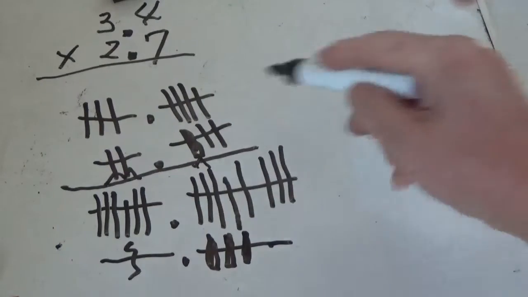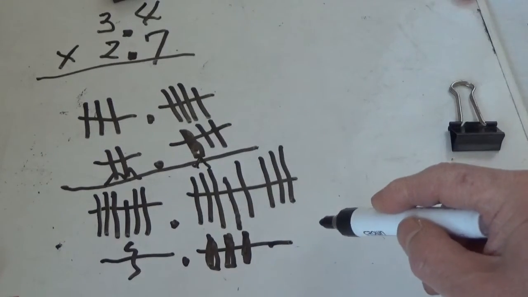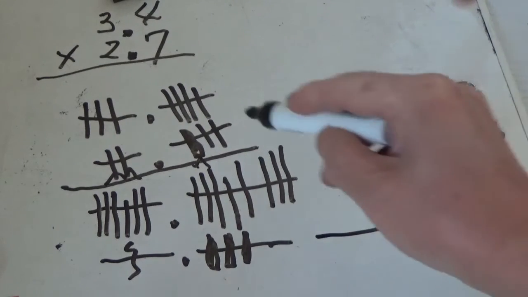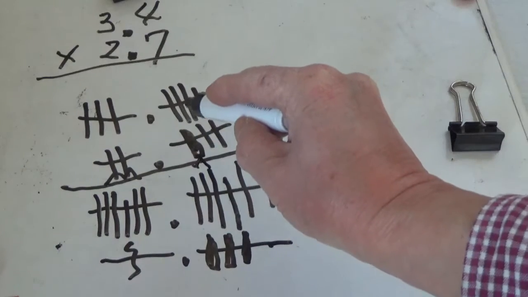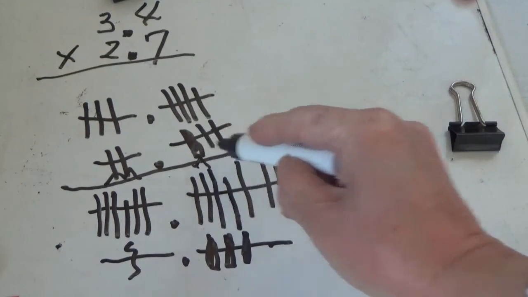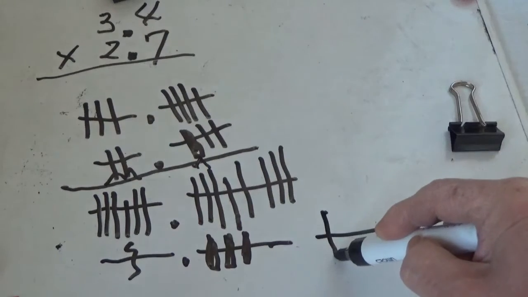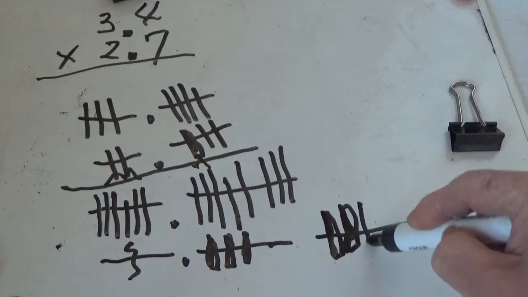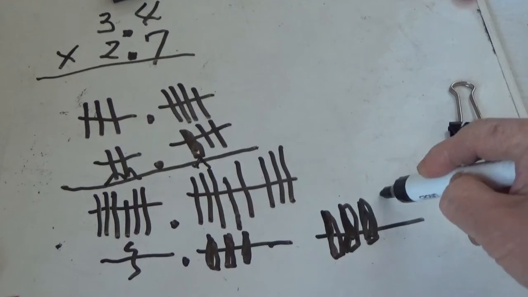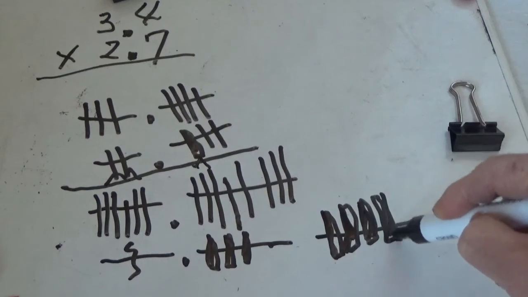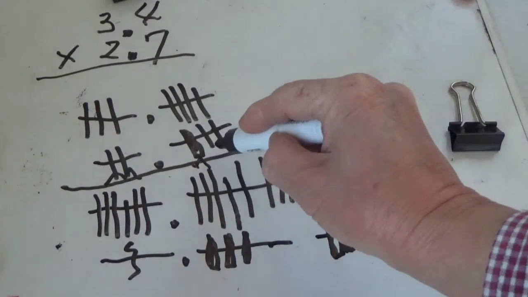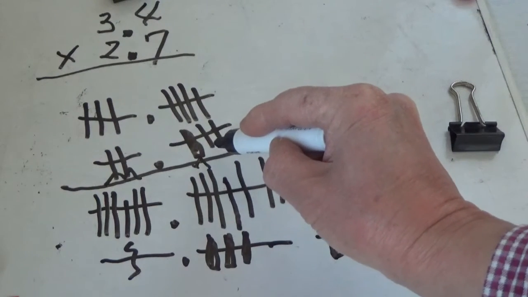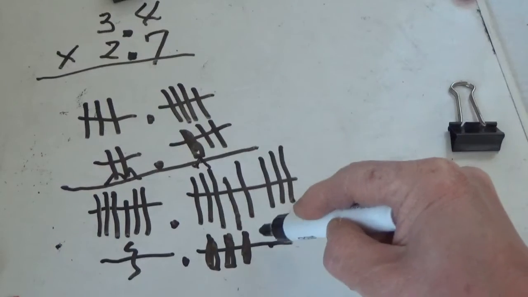And 4 tenths by 5 tenths. And I will multiply 3.4 by 2 tenths.